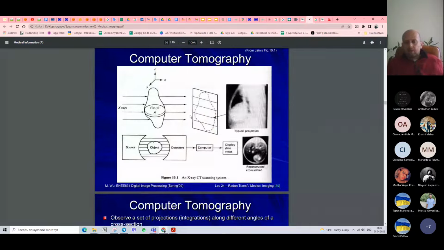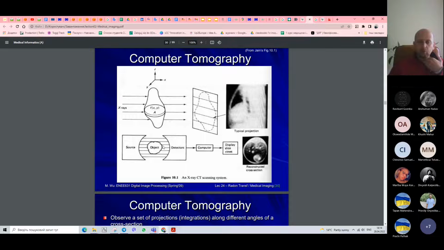Now we will try one more time to discuss the principle of computer tomography. To begin, we have some cross-section of the body and X-ray penetrates it. On the screen, in the sensor, we have some location, and a typical projection you can find like this.